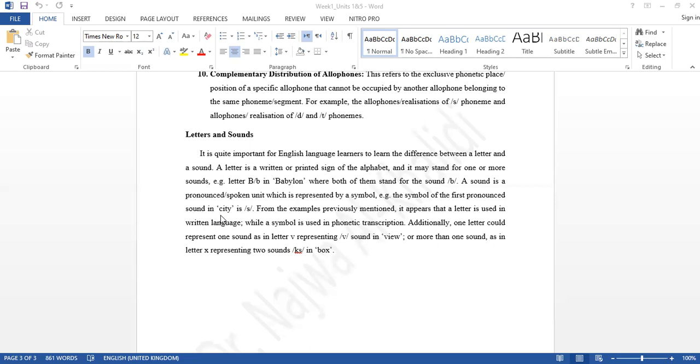On the other hand, we have words which are written in the same way. Example, the word L-E-A-D, it is either pronounced as lead or led. They are written in the same way, they have the same orthographic shape, but still they are pronounced differently.